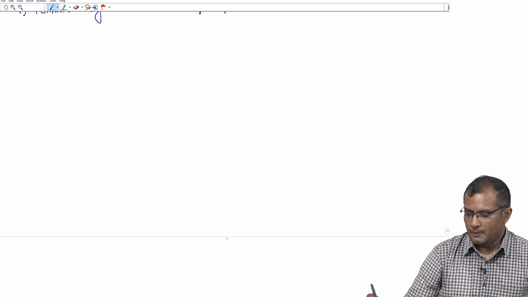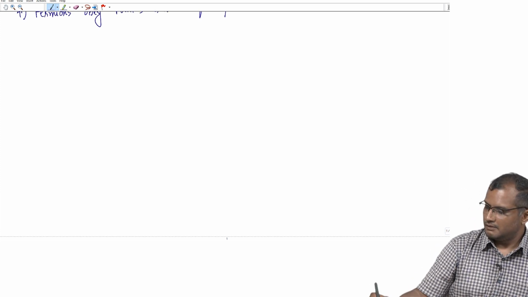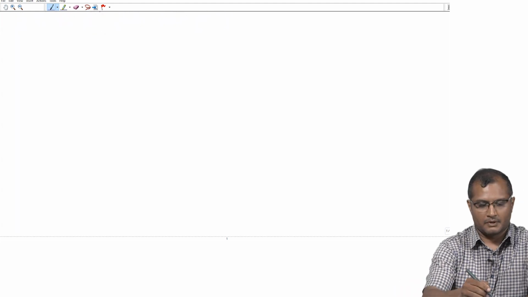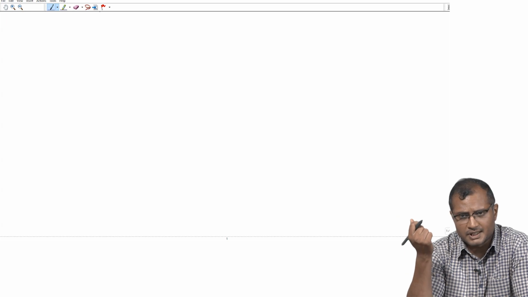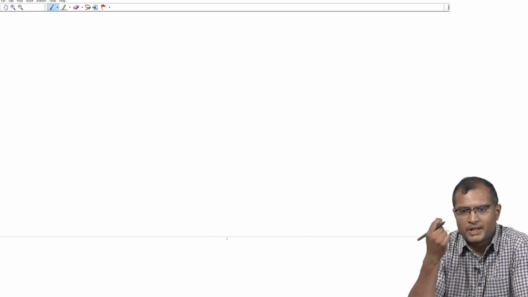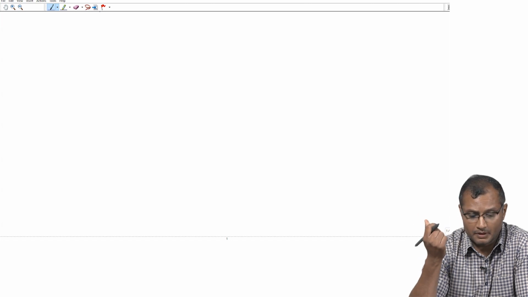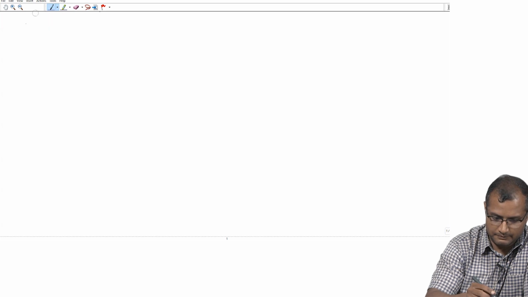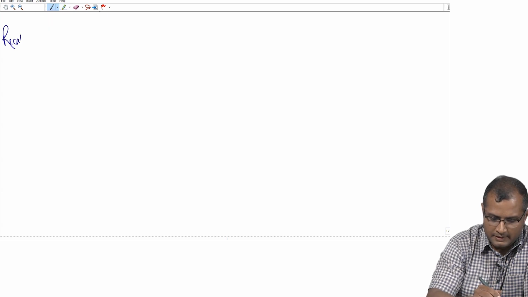Now, we have seen in the second chapter that we had a length scale which was called the thermal de Broglie length scale. Okay. So, recall that there was a thermal de Broglie length scale.